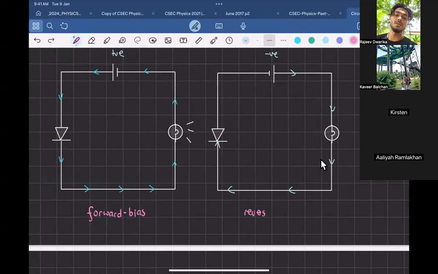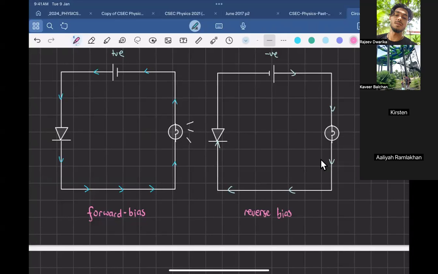Just some additional knowledge. So earlier in the first diagram, is the diode in the direction of the current flow? Yeah, right. Cool, so it allows current to pass through. Nice, it acts like a piece of metal.